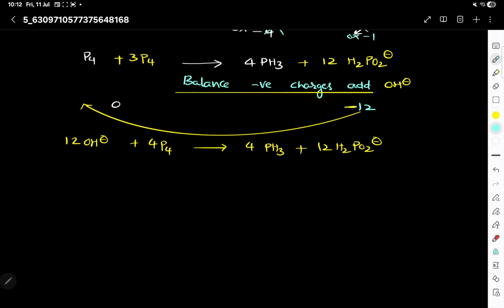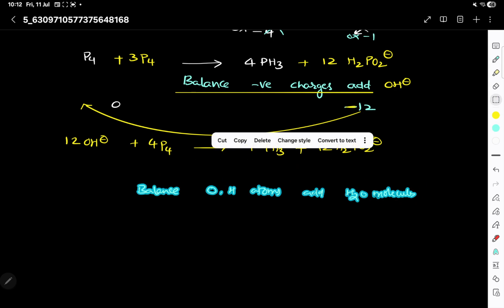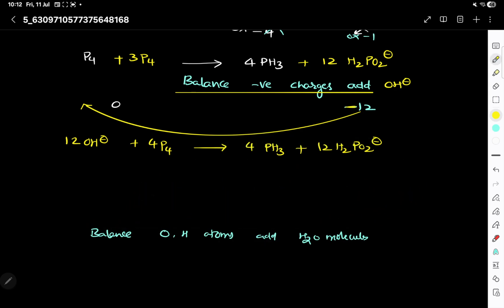Okay. Now balance oxygen and hydrogen atoms by adding water molecules. This is the rule. Now you can see here I have 12 hydrogen atoms from the hydroxyl ions.